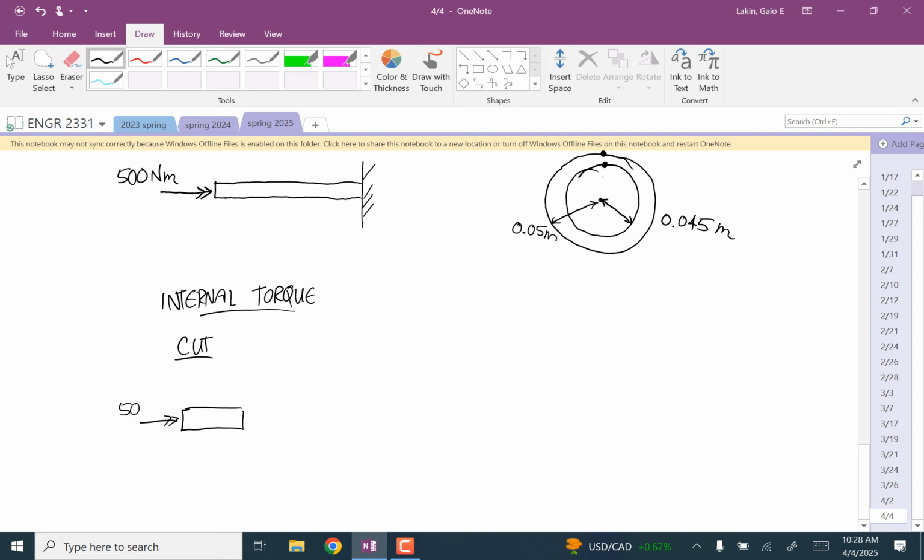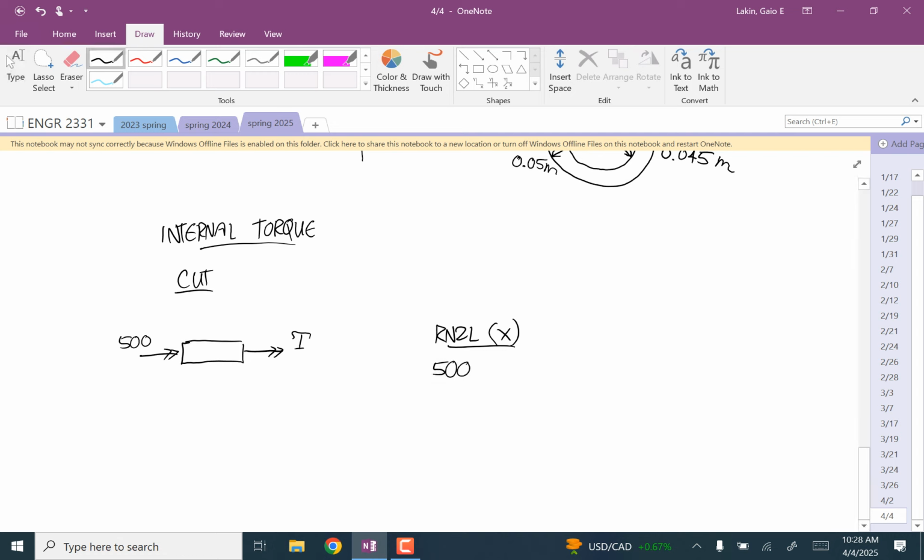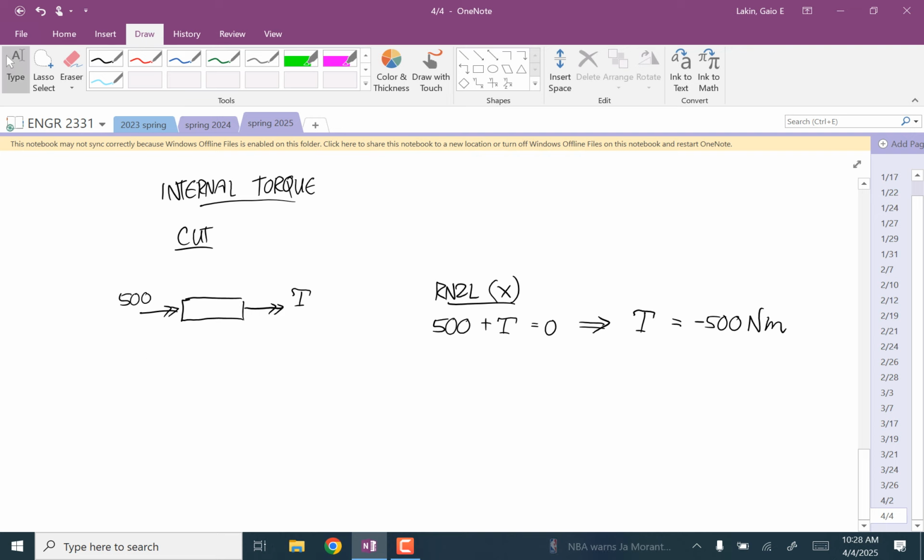We have the 500 here, the internal torque here, and the moment equation about the x-axis says 500 plus T is 0. So the internal torque everywhere along the length is negative 500. And now we'll use that for the circular approach.